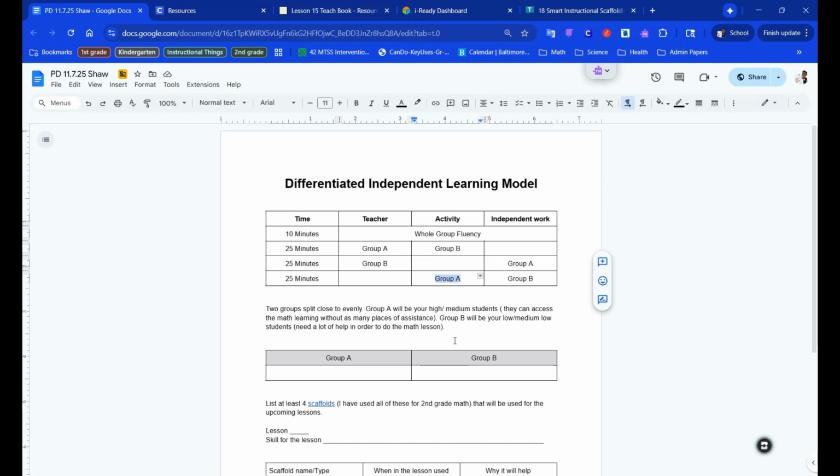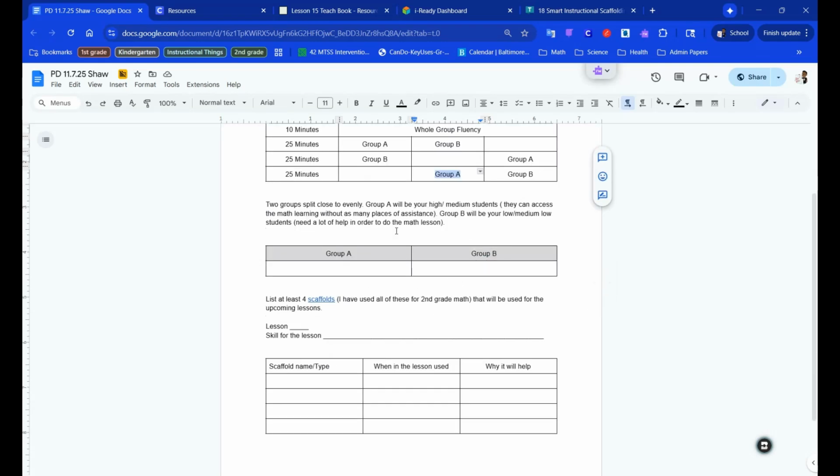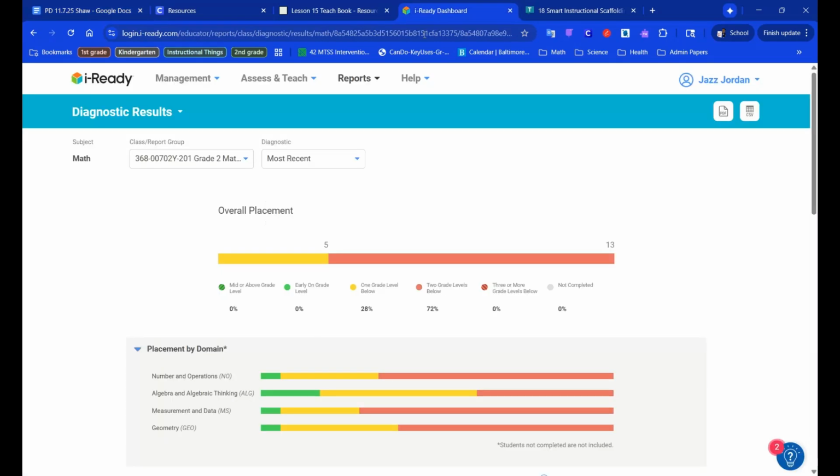So our activity for today is we're going to create Group A and Group B. I'm going to use a mock class. I'm going to go to my iReady dashboard and use this 201 data.